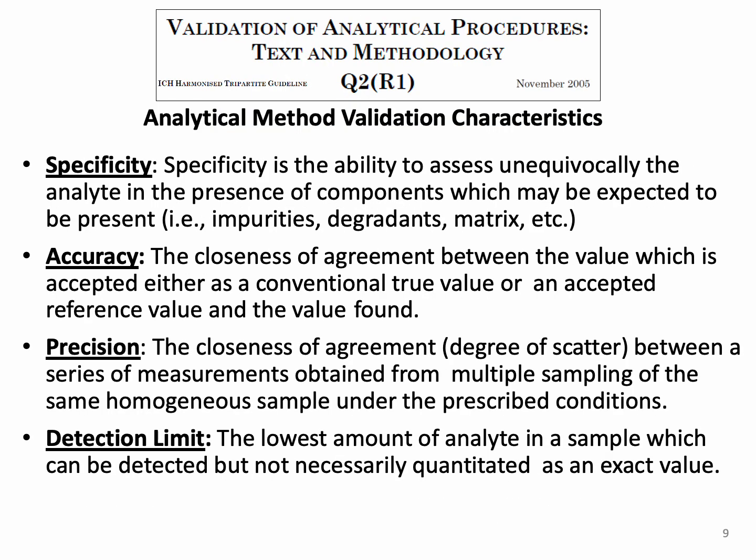Now, let's go over a few definitions. Specificity, for example, is the ability to assess unequivocally the analyte in the presence of components which may be expected to be present, like impurities, etc. We talk about accuracy, which is the closeness of agreement between the value which is accepted either as a conventional true value or an accepted reference value and the value found.